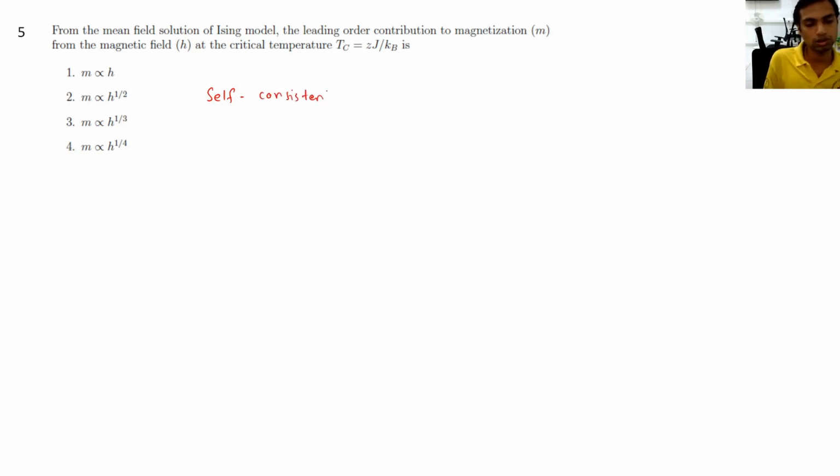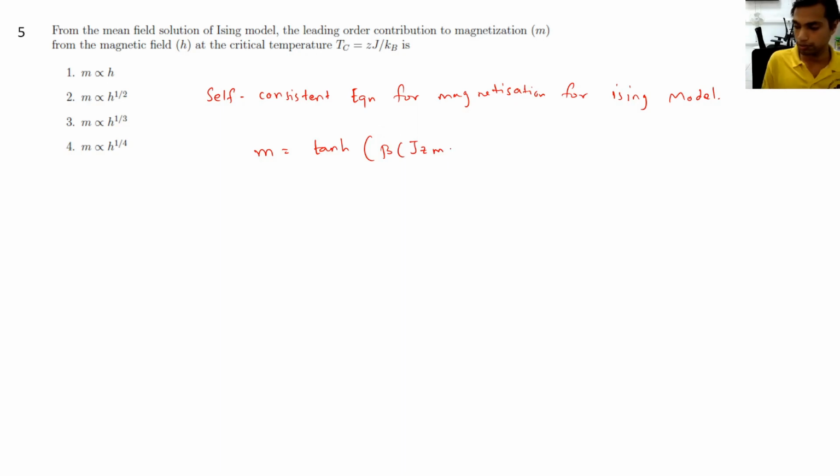The self-consistent equation for magnetization for Ising model is given by m is equal to tanh of beta (J z m plus h).